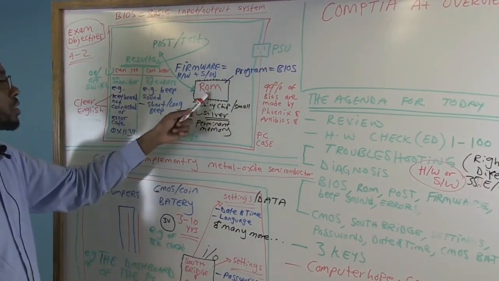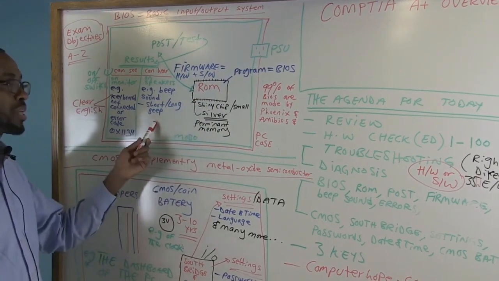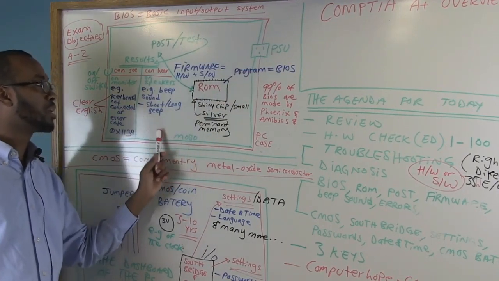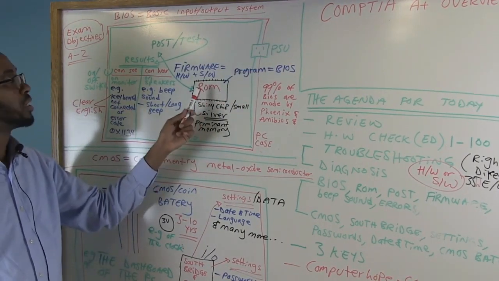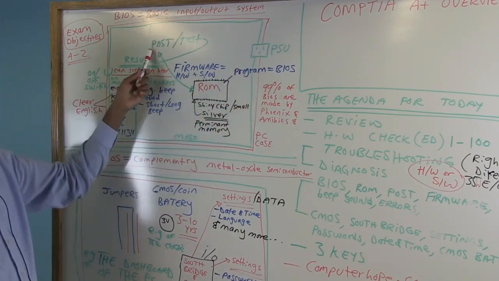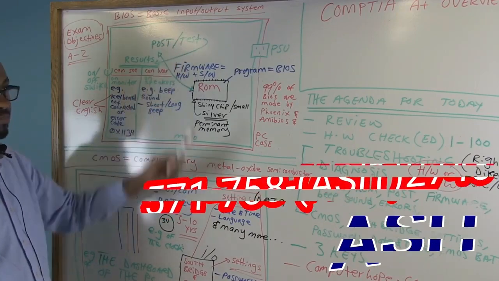Then this chip will get power, once it gets power through the motherboard, of course. So the PSU will give power to the motherboard, and the motherboard will give power to the ROM, and the ROM will wake up this program, and this program will do its first job, which is called POST, power on self-test.